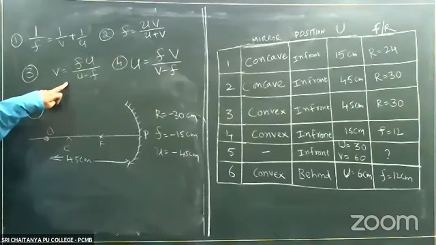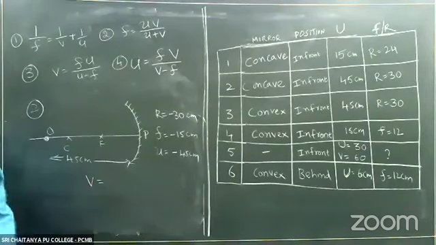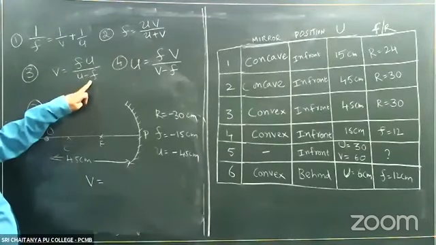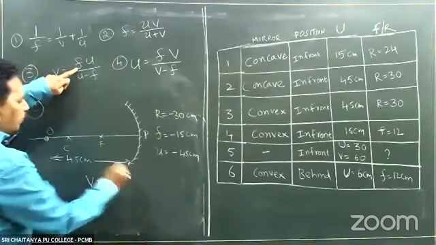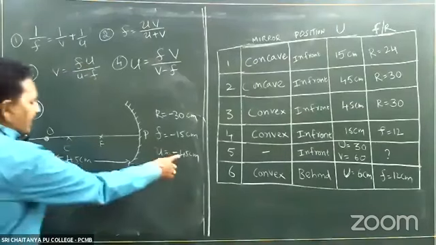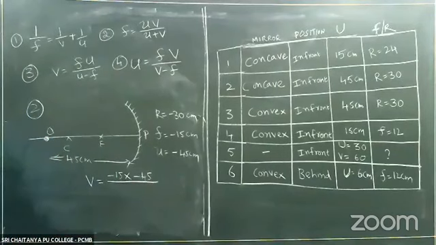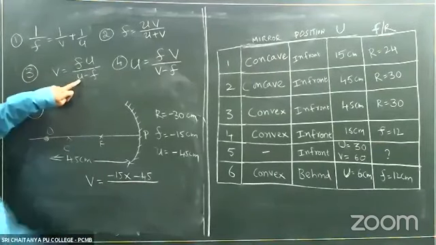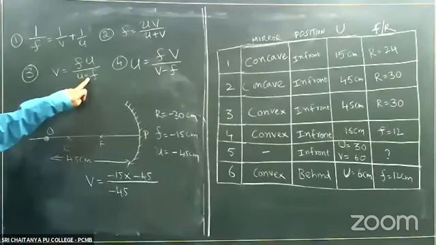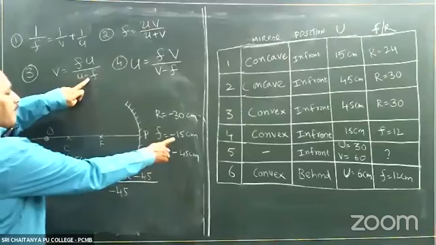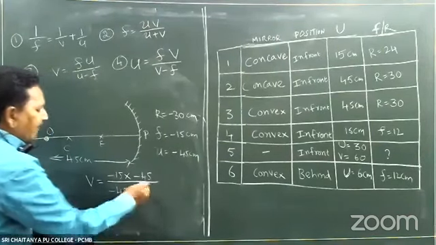Get the value of the position of the image. So V is equal to F into U by U minus F. F value minus 15 into U value minus 45 by U value minus 45, minus is there, F value minus 15, minus into minus becomes plus 15.